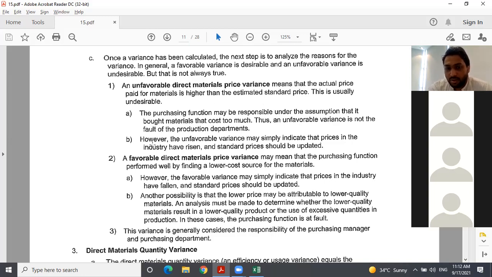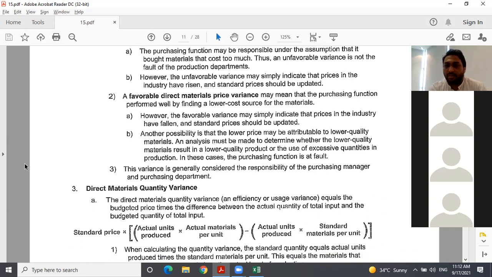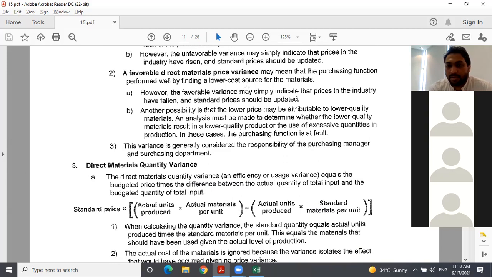However, the unfavorable variance may simply indicate that prices in the industry have risen and standard price should be updated. Then, a favorable direct material price variance may mean that the purchasing function performed well by finding a lower cost source for the material. However, the favorable variance may simply indicate the price in the industry has fallen and standard price should be updated.